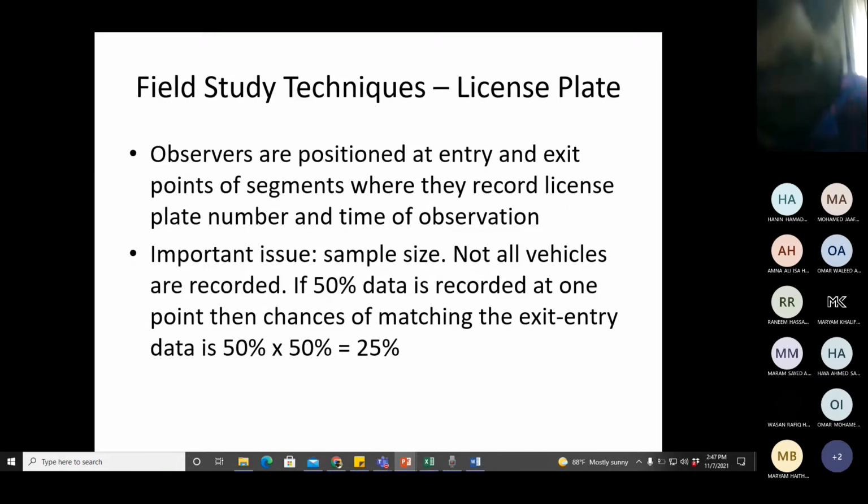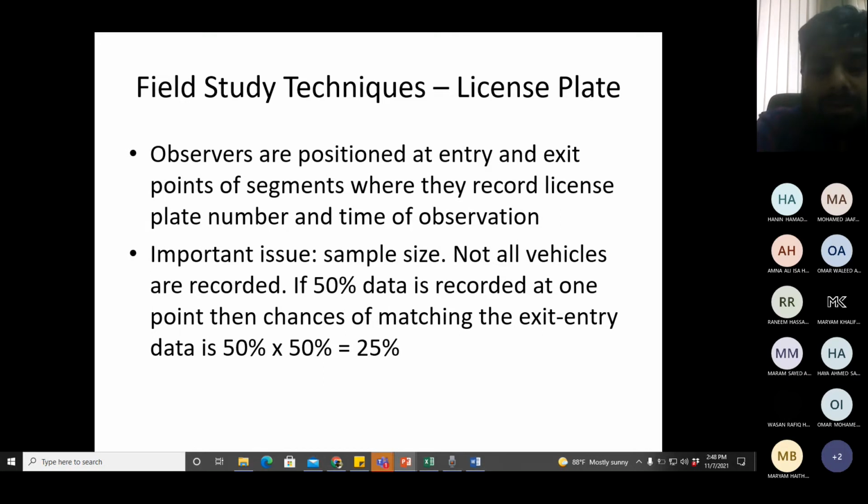Okay. The other method of finding out the travel time is the license plate technique. In the license plate technique, we have observers placed at the start and end point, or the entry and the exit point of the segment or the area. What these observers are doing is recording the license plate number of the car which passes them, the car registration number, and they record the time at which the car crossed them.